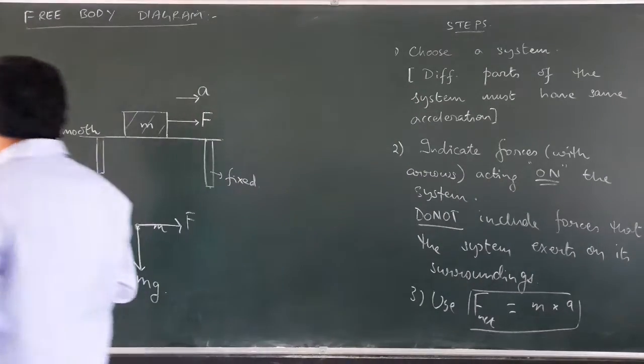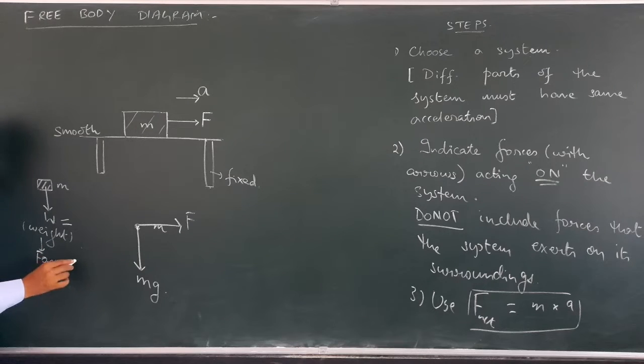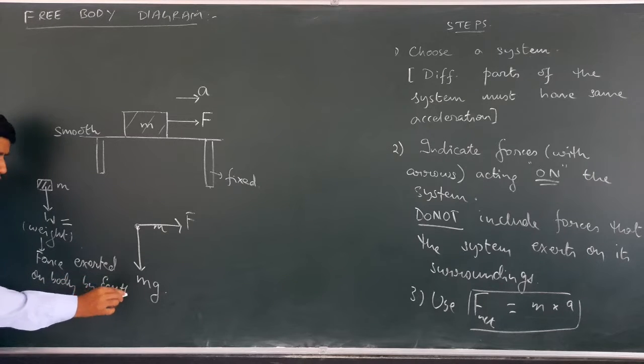So this mass m is pulled down by the earth with a force; that force we'll call weight. So weight is a force. What is this weight? Weight is the force exerted on the body by the earth.